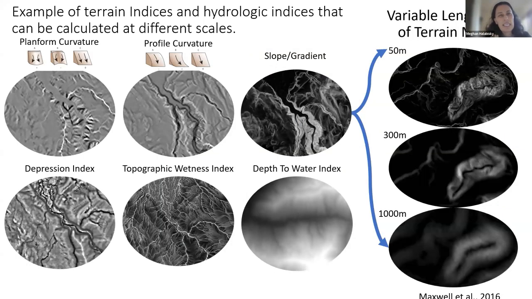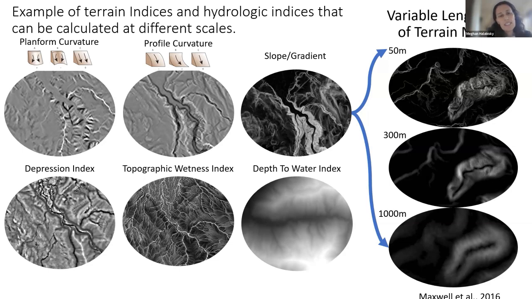But really the key piece to all of this was realizing that wetlands come in all shapes and sizes, and that these different terrain indices can also be calculated at different scales, from very small scales, looking for small depressions, maybe a little hollow, to larger depressions that might be like a swale or a valley, and how those nested features really drive where wetlands are, or are a good predictor of where wetlands can be.